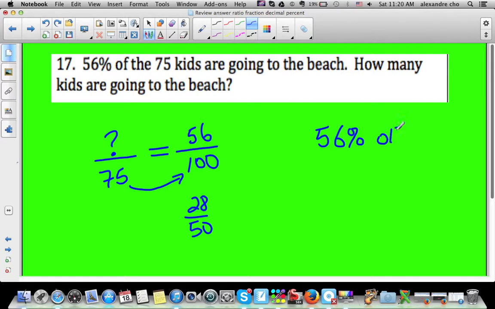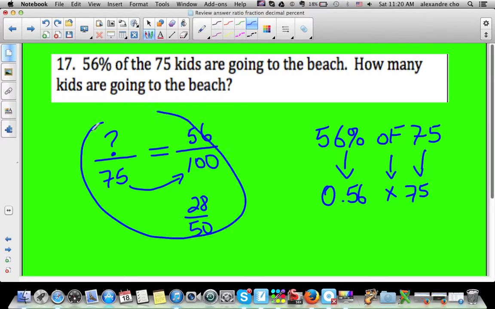So for this particular question, I would actually go the other route. 56% of 75. If there are 75 kids, 56% are going to the beach. We're going to figure out how many kids that is. So 56% changes to 0.56, a decimal. You change it to multiplication, times 75. Much simpler than doing all the work here.